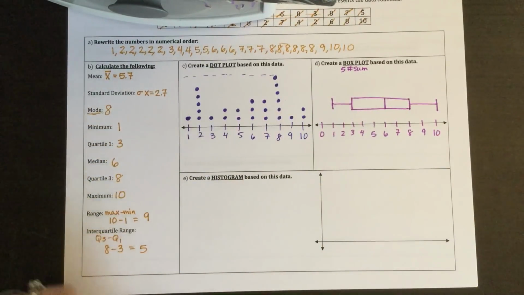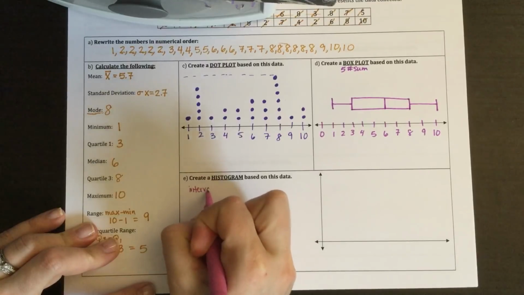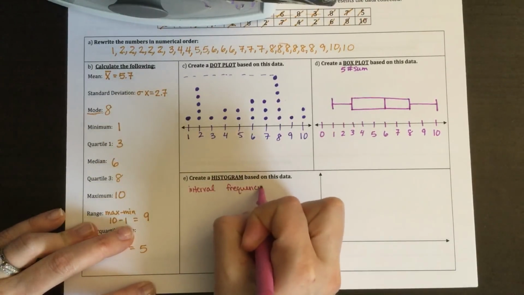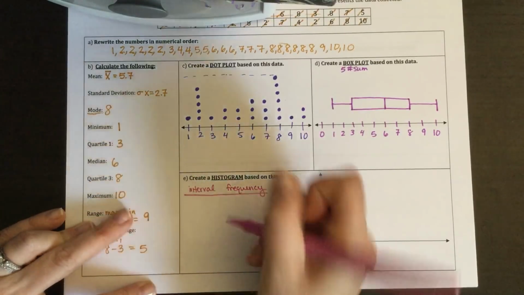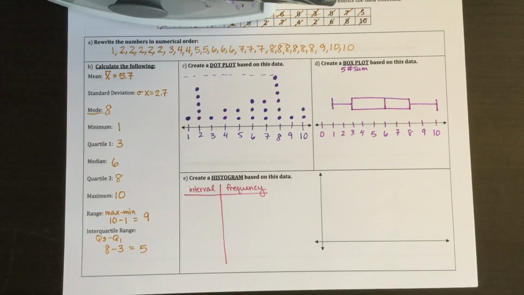Okay, so for a histogram, we need that frequency table, or that interval frequency. So I'm going to make a quick little table here. And since I'm only going from 1 to 10, I'm going to have intervals of 2.